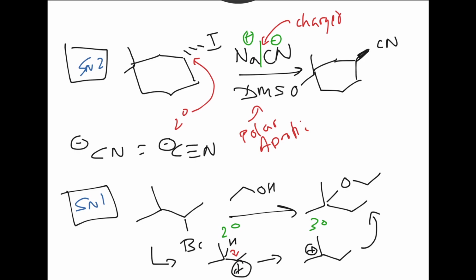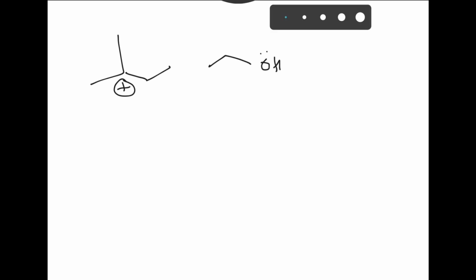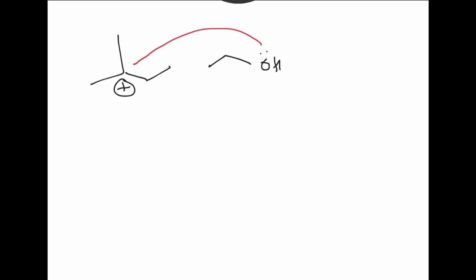So whenever you add an alcohol, you always end up making an ether for your product because you're never going to break the carbon-oxygen bond. So what happens in this, I get my carbocation after the rearrangement, and I add my ethanol.